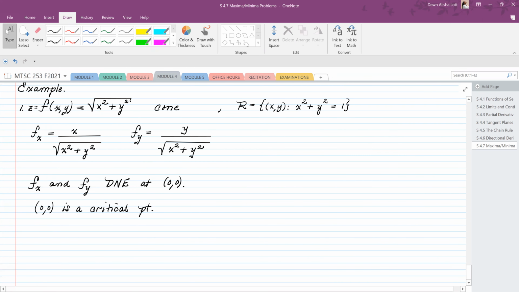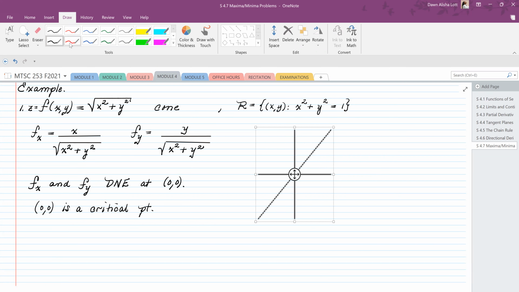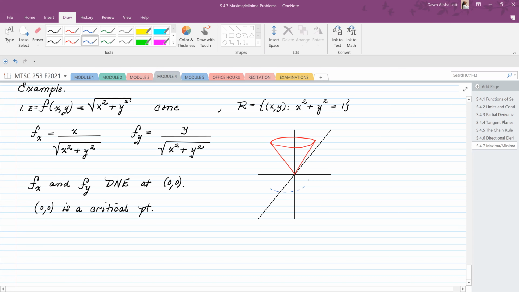Okay, this is the region on the ground. And actually it's a closed region.